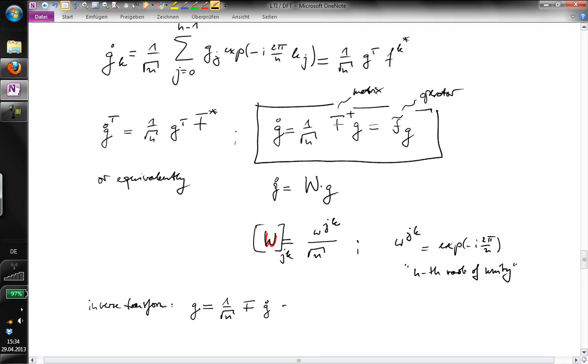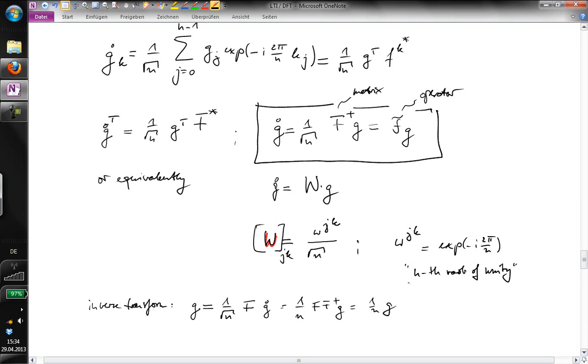And if I insert the result from above, you see that this gives me 1 over n F adjoint F G. Oh, and I have a problem. Something's wrong here with my... yeah, it's fine.